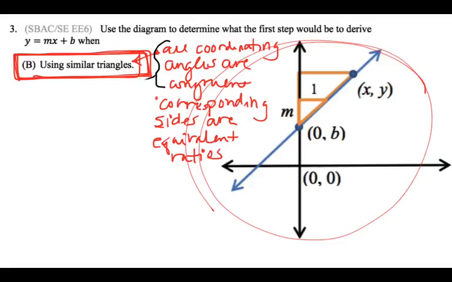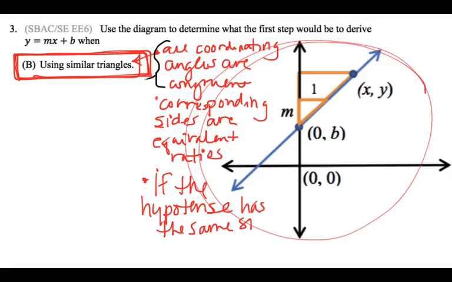Now, the other thing that we know is that if the hypotenuse has the same slope, the triangles are similar.